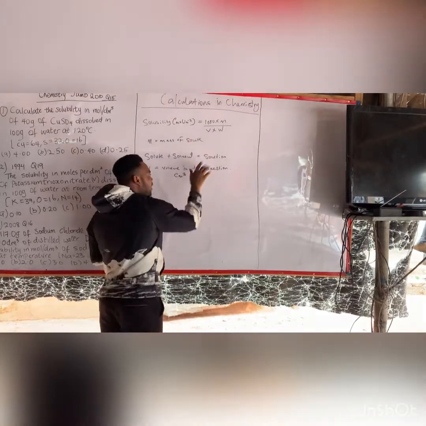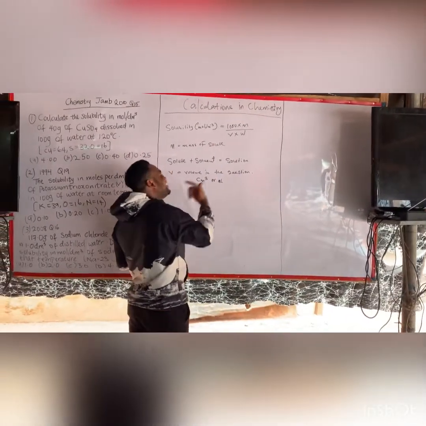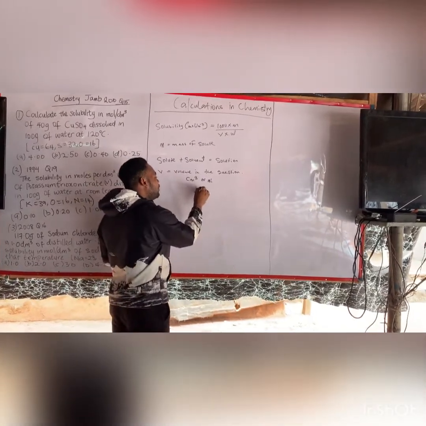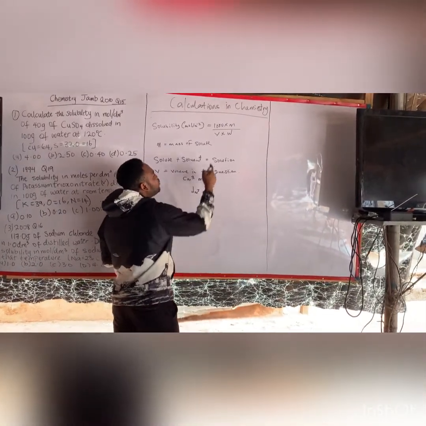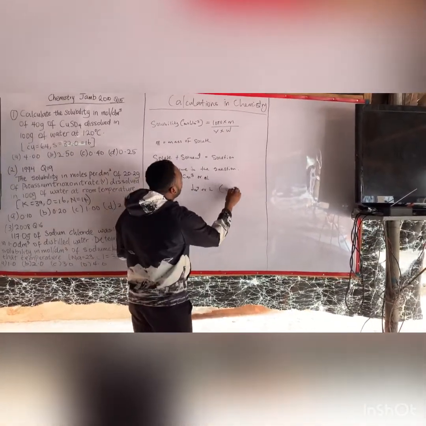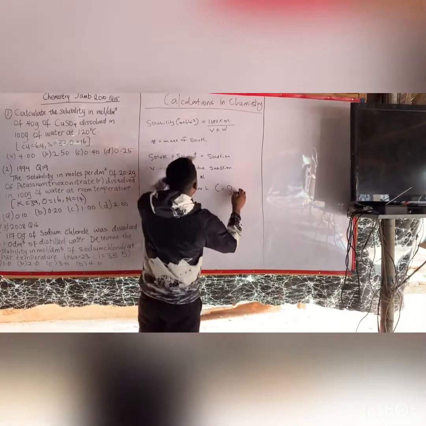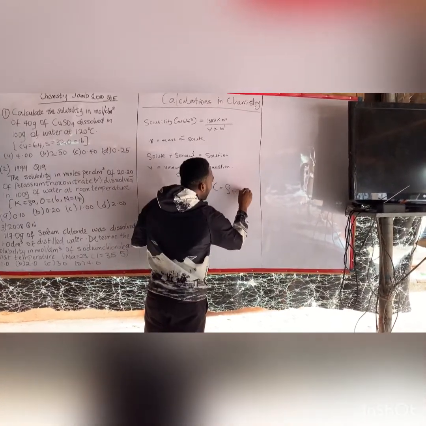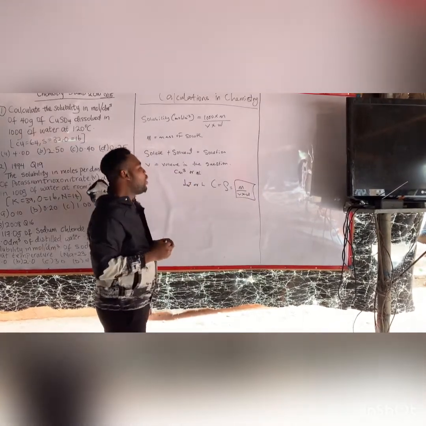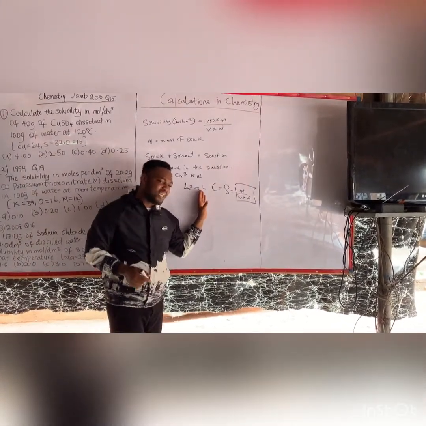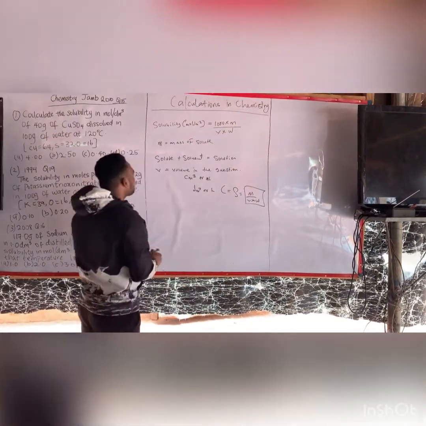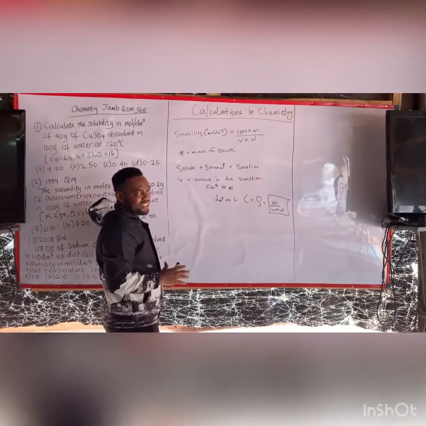But if the volume is in dm3 or liter, then you will remove the 1000 from our formula, so that our formula will become solubility is equal to m over v times w. Please take note of this, because when the volume is in dm3 or liter, we no longer need the 1000 in the formula. Now, that's one way of getting the answer easily.